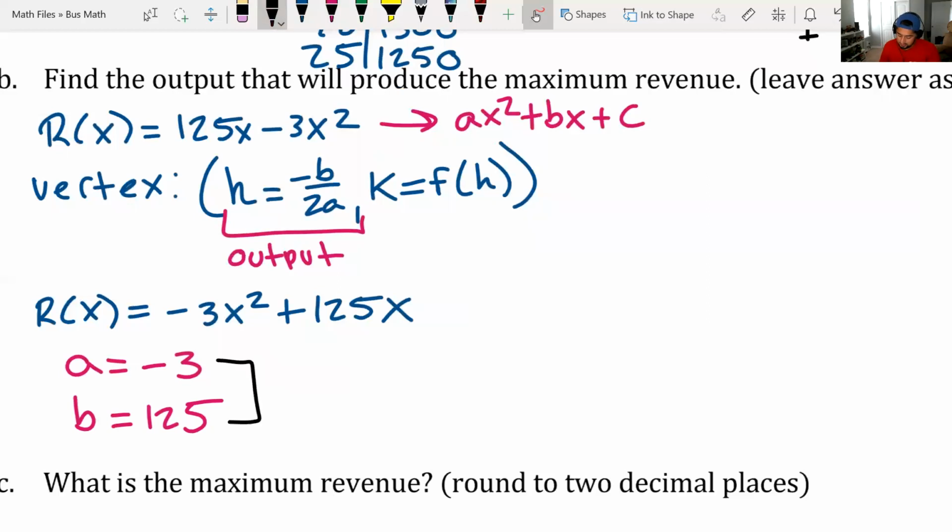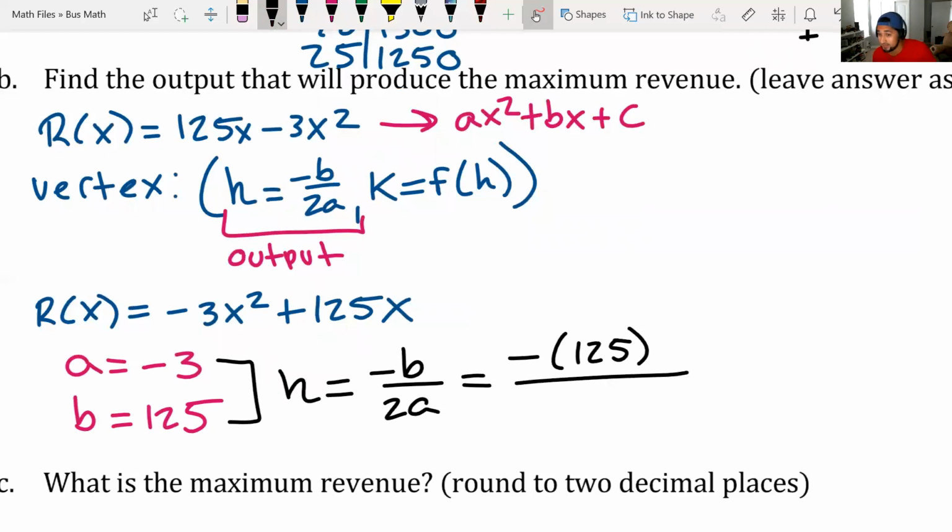And if we know A and B, we can find H, which means that H equals negative B over 2A, which will give me negative parentheses. Never forget your parentheses.